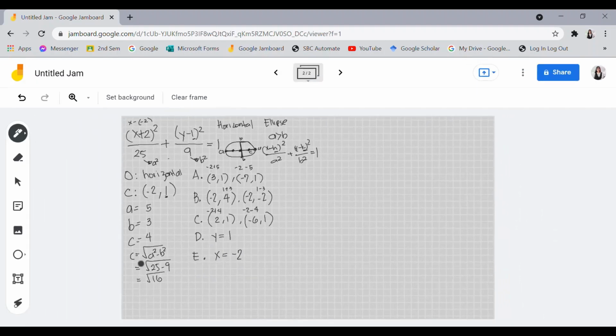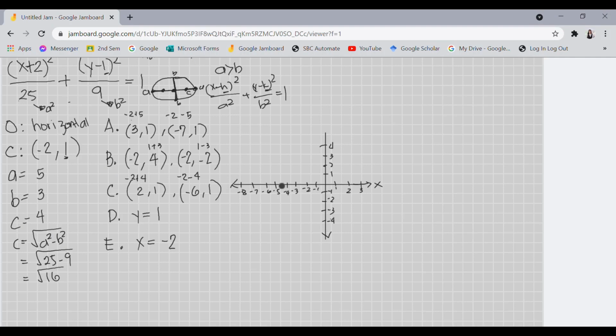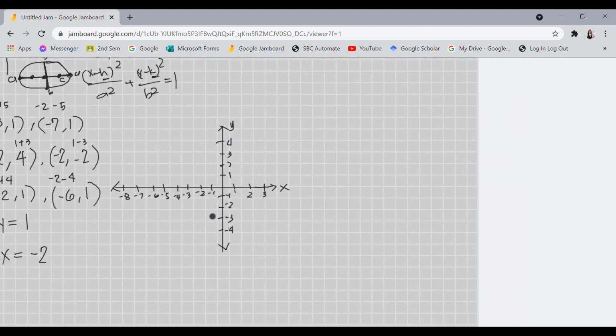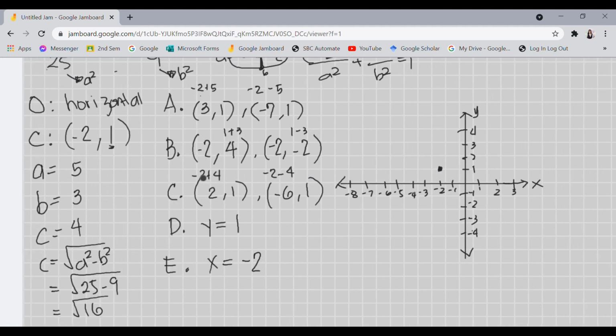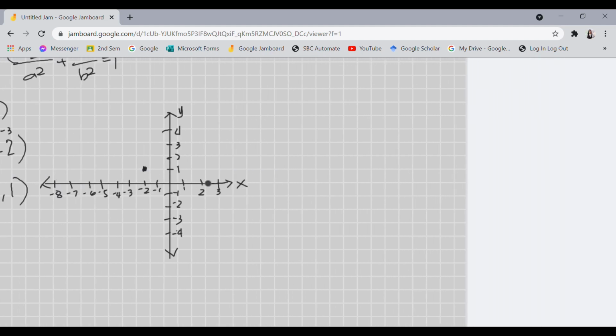Kapag dinrawing natin siya, kunwari, let's say we have this Cartesian plane. So, this is your x-axis and this is your y-axis. So, sabi daw, your horizontal ellipse has the center at negative 2, 1. So, negative 2, 1, that is at this point. So, this is your center. From your center, you are going to the right side and to the left side by 5 units.